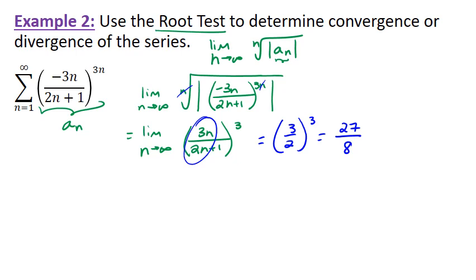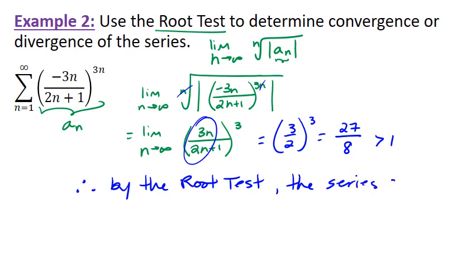This is greater than 1, so by the root test, the series diverges, because this falls into the second category of the root test.